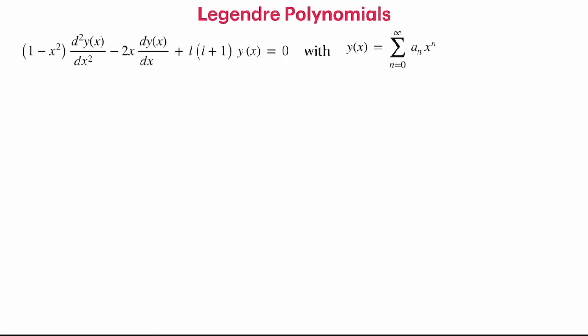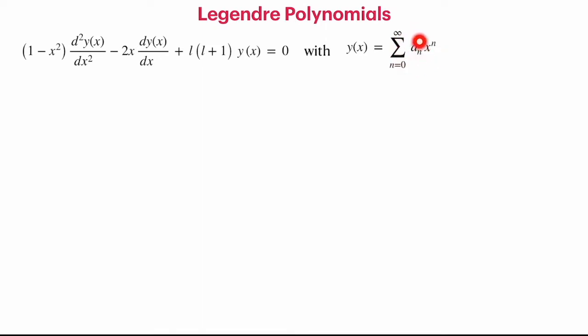We have written the equation in the form (1 minus x squared) d squared y by dx squared minus 2x dy by dx plus L into (L plus 1) into y equal to 0. At x equal to 0, since it is a regular point, we can assume a simple power series solution, that is y is equal to the sum over n from 0 to infinity of a_n x to the power n.